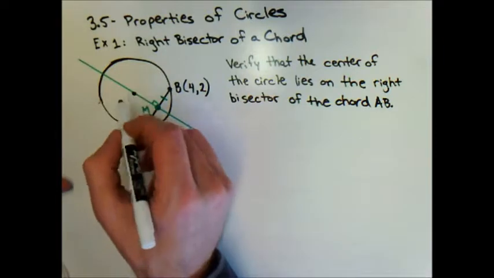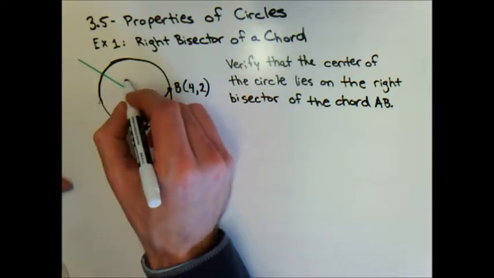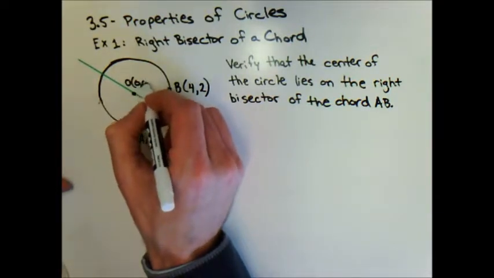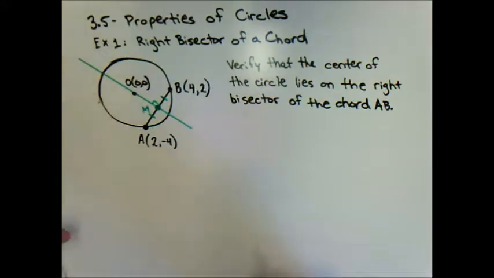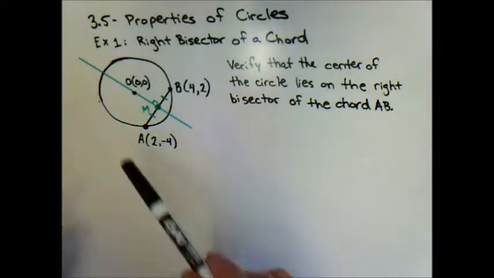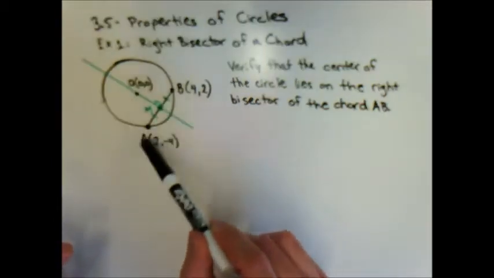And in the drawing, we're also given that the center of the circle is at the origin, 0, 0. So we need to prove that the point 0, 0 is on the right bisector of this chord.